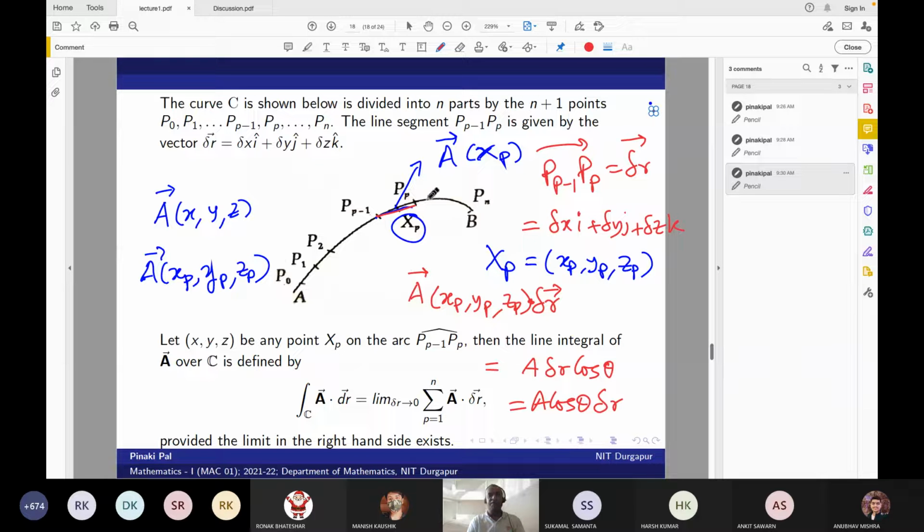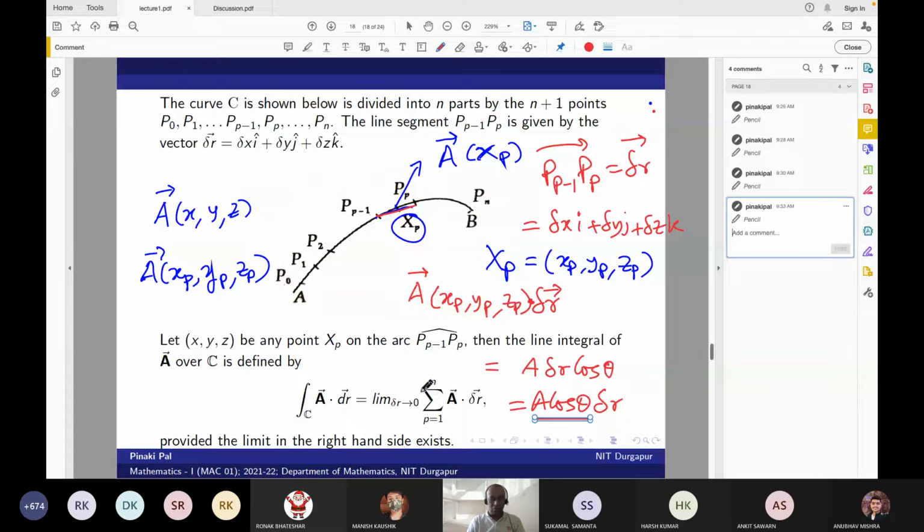And that is basically A cos theta. Theta is the angle between the line segment pp minus 1 pp and the vector A. So A cos theta is the component of the vector along this line segment. And what is the length of the line segment? Which is delta r. So this can be written as the dot product of the vectors, A calculated at this point dot delta r. So both of these are basically the same thing.